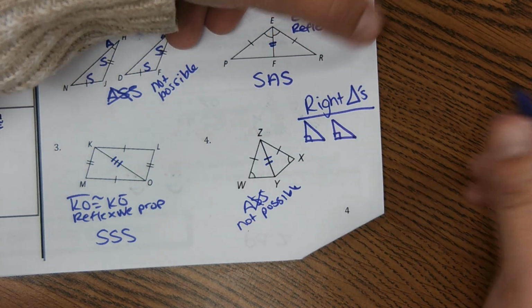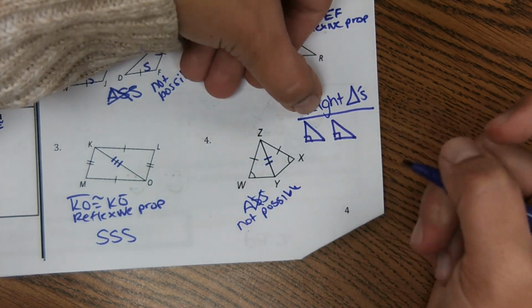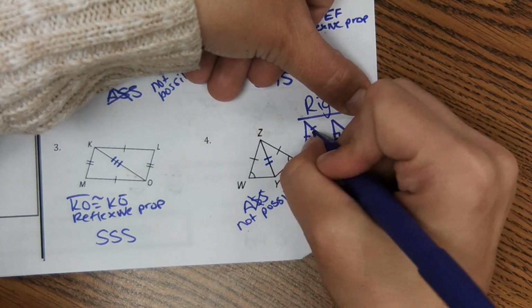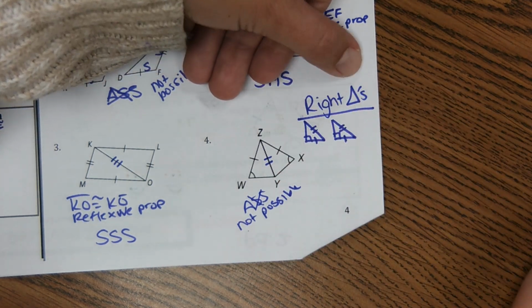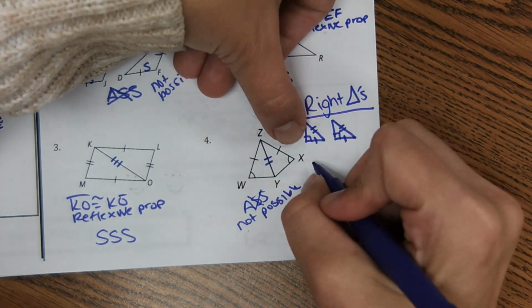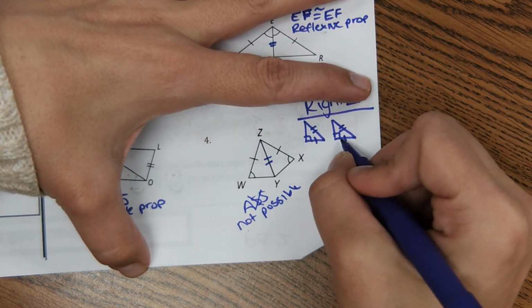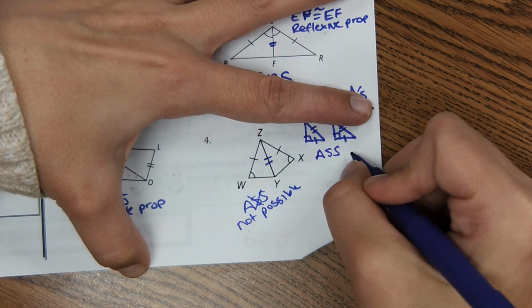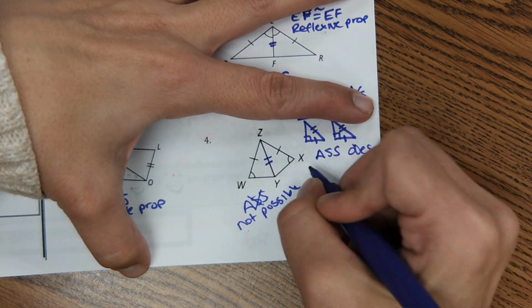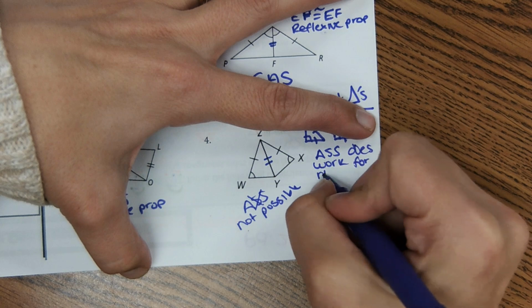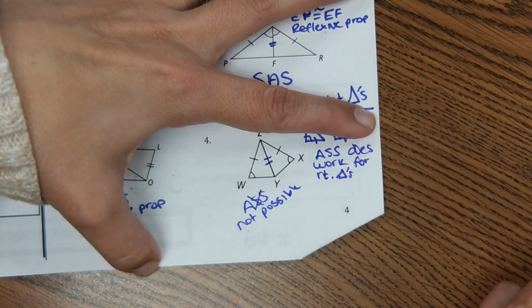They have, of course, the right angle in common. And then they have a leg in common and then the hypotenuse in common. So we have angle, side, angle, side. So ASS does work for right triangles.